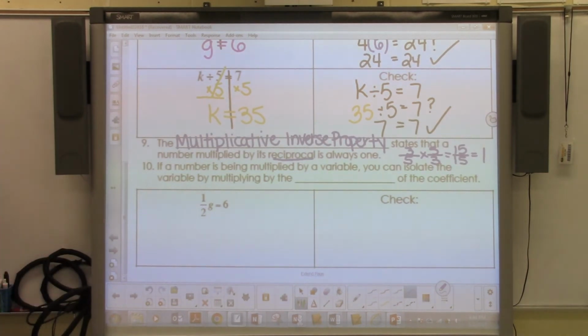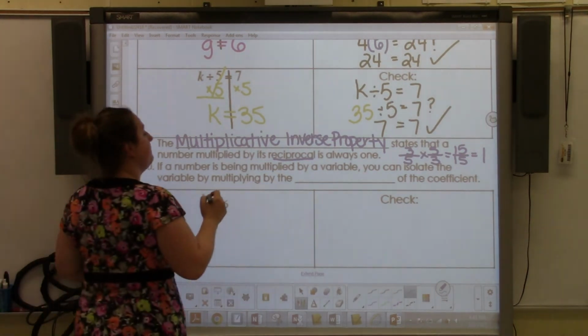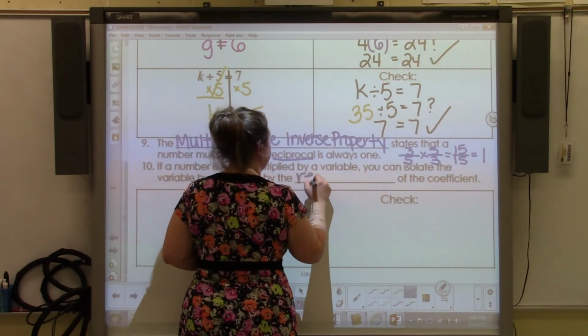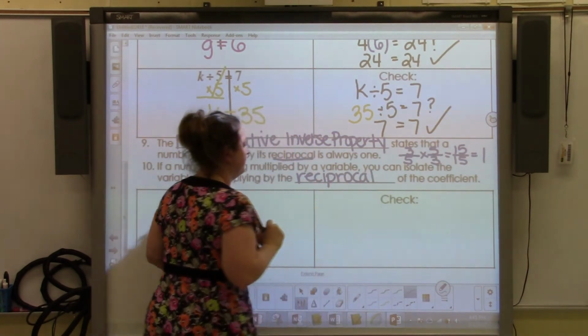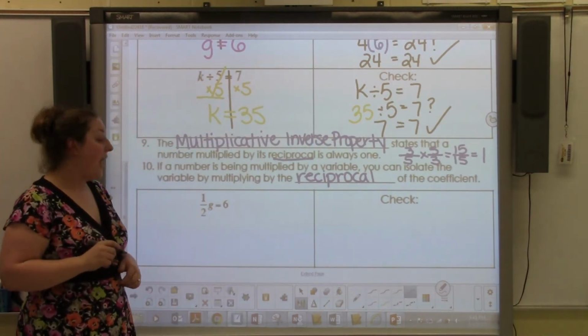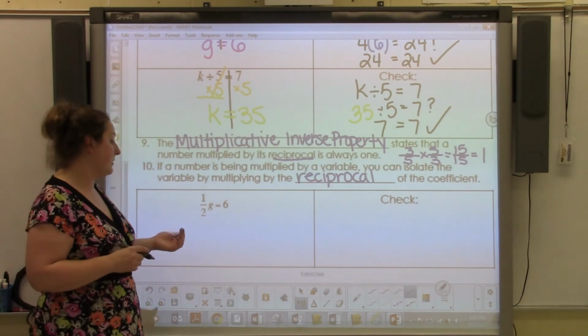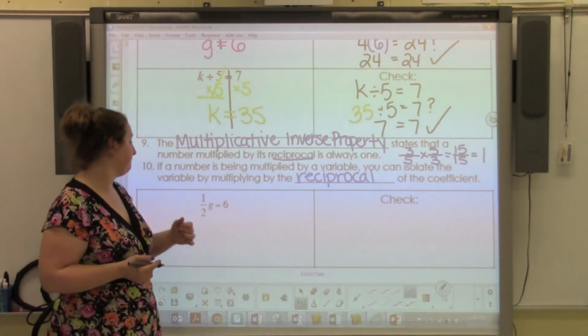If a number is being multiplied by a variable, you can isolate the variable by multiplying by the reciprocal of the coefficient. That's a lot of big words there. Reciprocal is telling us to flip the fraction over, and the coefficient, remember, is the number, and a fraction is just a number, that comes before the variable.